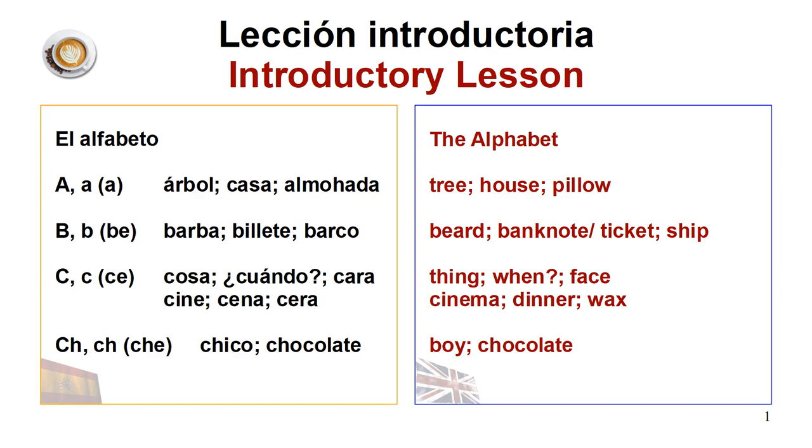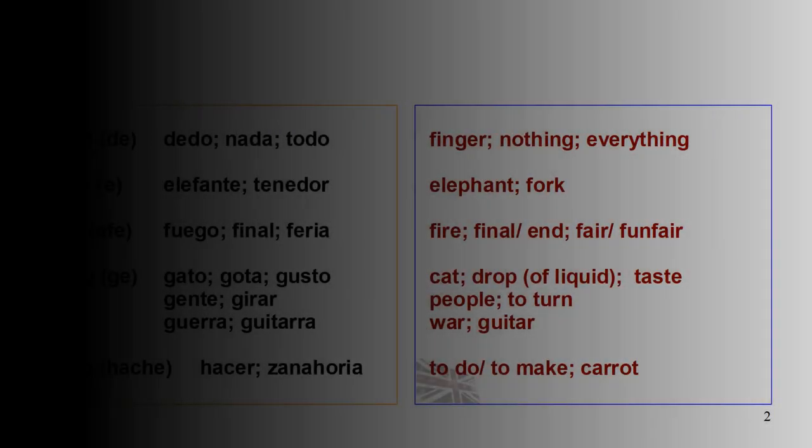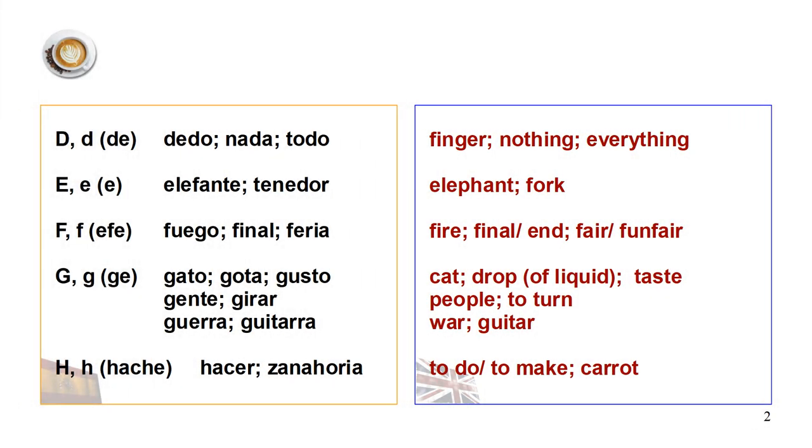Che. It's pronounced ch, so its pronunciation does not differ from the one in English. As examples, we have chico, boy, and chocolate, chocolate. De, as in dedo, finger, nada, nothing, todo, everything.